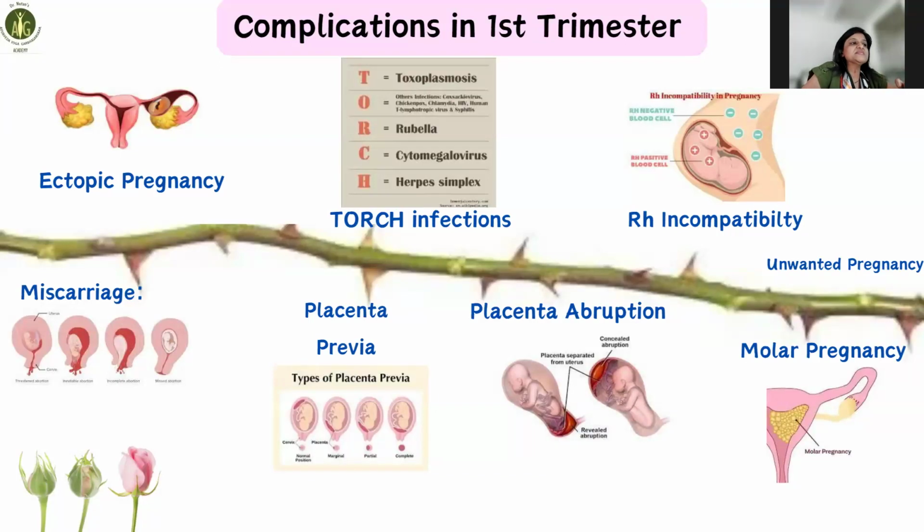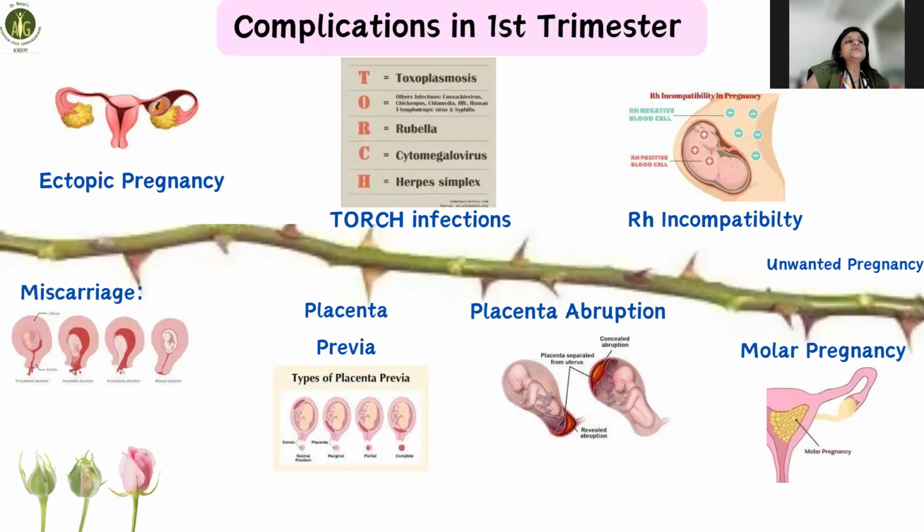Then also placenta previa. Of course, placenta previa continues in the second and third trimesters, but it could begin in the first trimester, wherein the placenta blocks the cervix either partially, marginally, or completely. Then there is placental abruption, where the placenta is separated from the uterus.